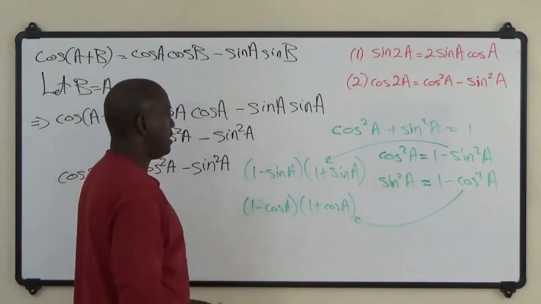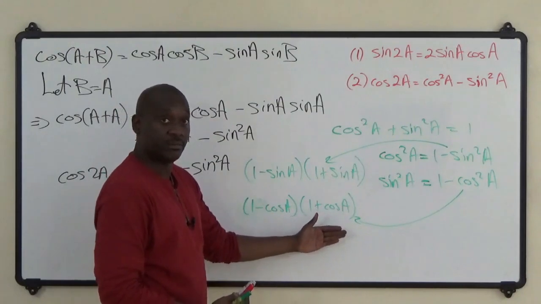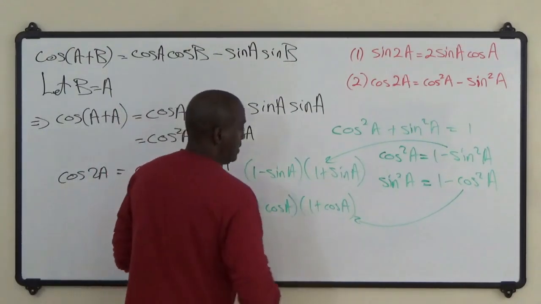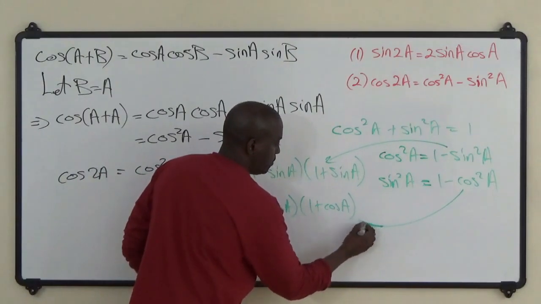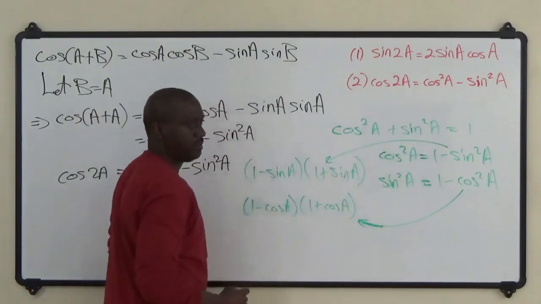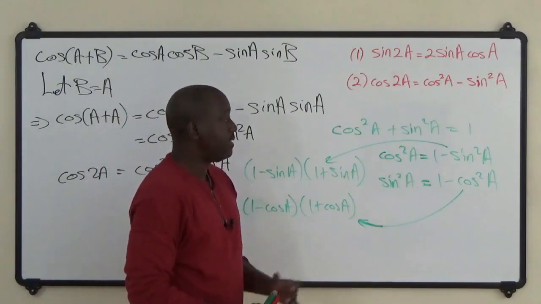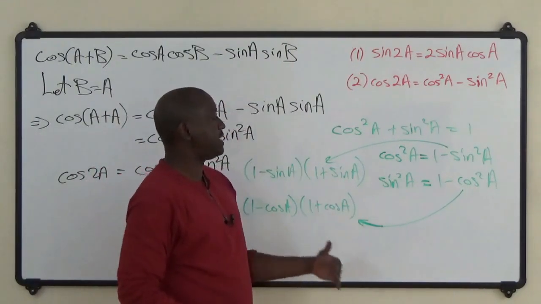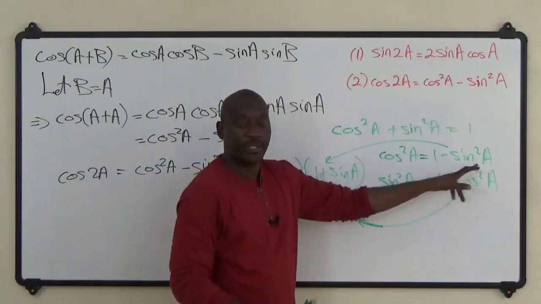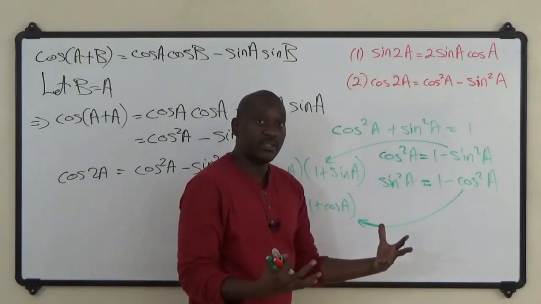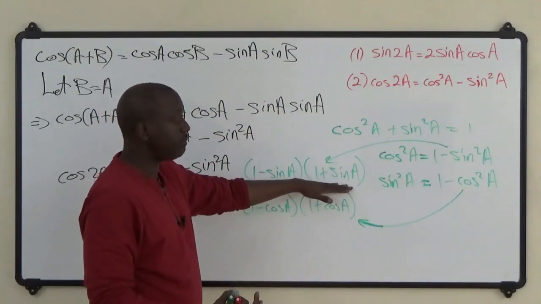Again, you wouldn't see this on any formula sheet, right? But this is add maths. This is not maths, right? So by the time you reach here, all of these things are taken for granted. They're not expecting to have to explain to you that if you see 1 minus sine squared a, you could invoke the difference of 2 squares and express that as 1 minus sine a into 1 plus sine a.